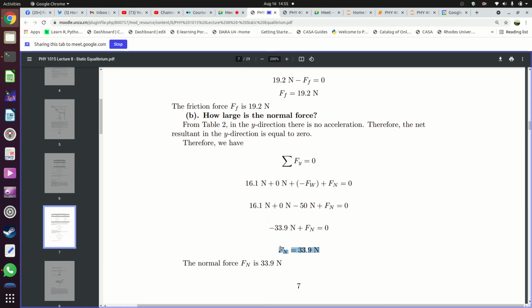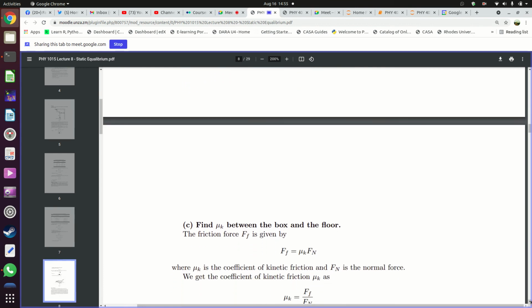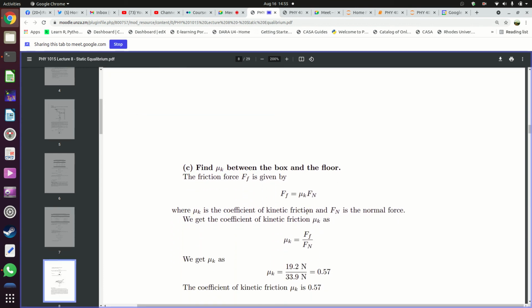Yes. So we now know what the friction force is, and we know this is the normal force. Then the next question says, what is the coefficient of kinetic friction between the box and the floor? There is friction because this box is moving.